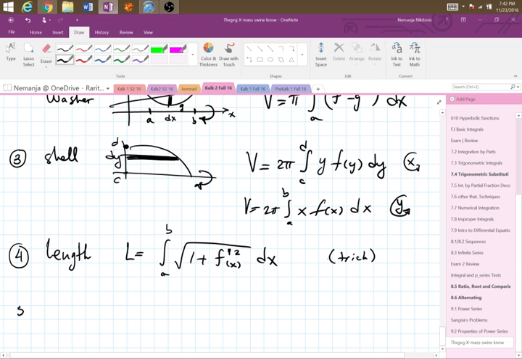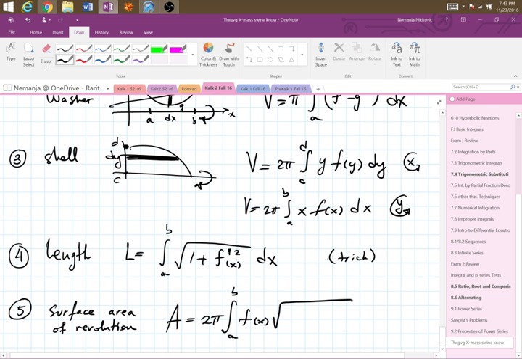And then we upgrade that into surface area of revolution, which is now we rotate the length of the line and we multiply it by a function to find the area of the surface of the object. So area is equal to 2 pi, integral from a to b, of f of x times the length of the line, which is the square root of 1 plus f prime squared, dx.